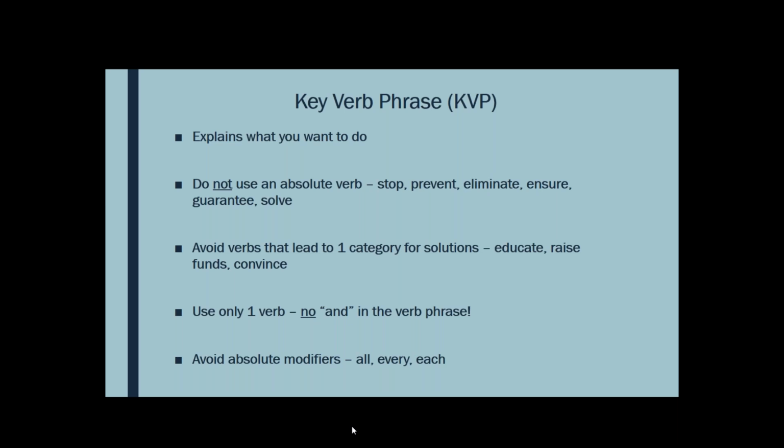Not all people, not every city, not each person in the community, because again, if you aren't able to address that absolute modifier, the evaluator may not give you credit. So you can say some or people in general, but don't put the absolute modifier on it.